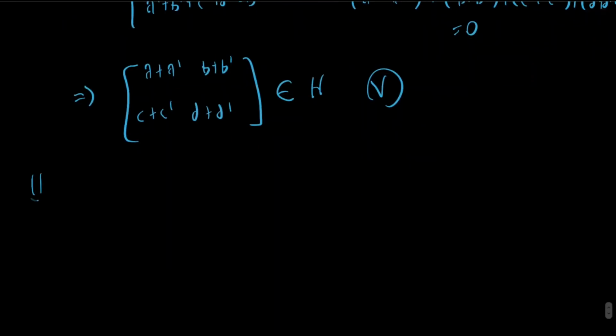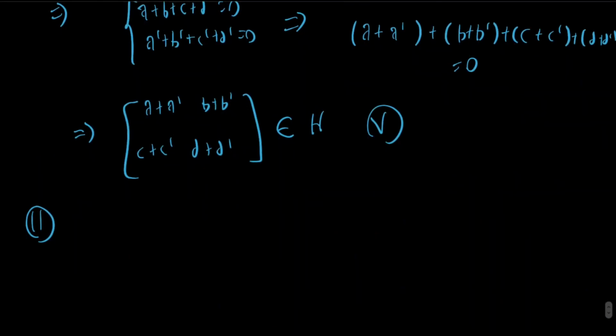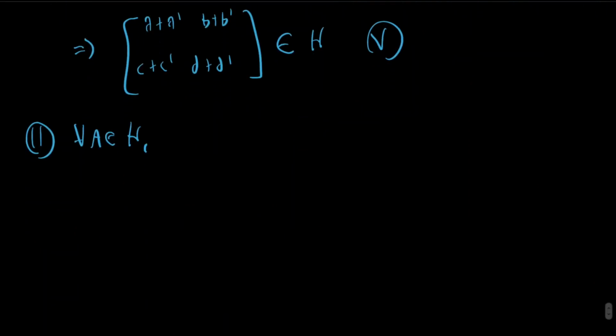The second thing that we have to check in order for H to be a subgroup is that for all matrices A in H, we want the additive inverse of such a matrix to be in H. But how can we check this? If A is in H, then denoting A by A, B, C, D, we know that A plus B plus C plus D is equal to 0.